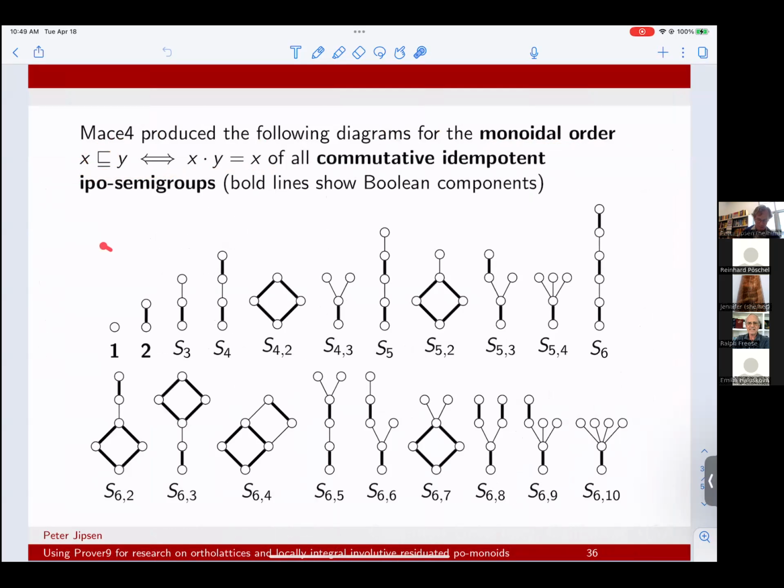And these are the pictures of the semi-lattices that show up when you're looking at involutive partially ordered semigroups. So we're not even assuming an identity element. And there aren't a huge number of models. These are all of them for up to size 6. And so the Boolean components that they are made from, they show up in these pictures with the black lines.